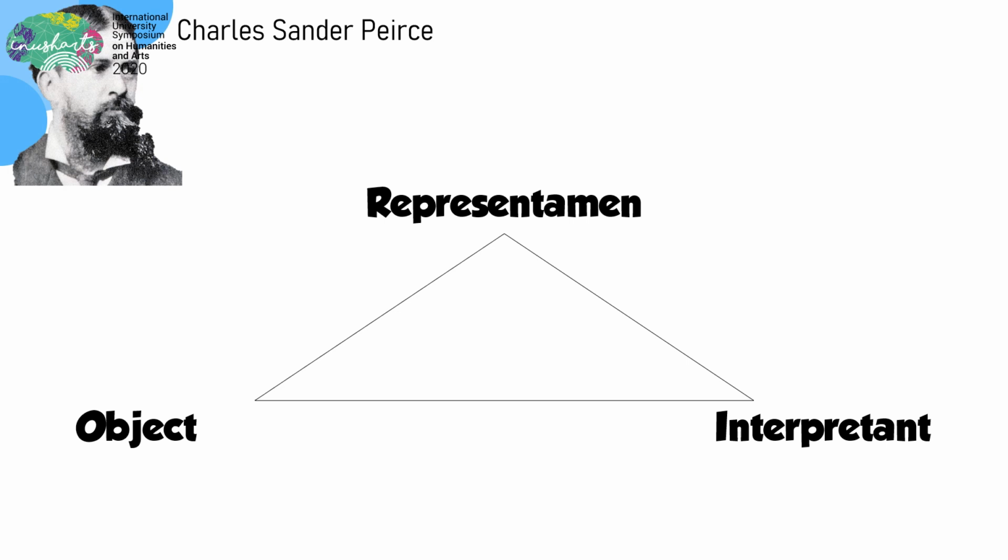For example, we see smoke. The smoke is the representamen. The smoke represents fire. The fire is the object. Lastly, the interpretan is what our mind perceives. The interpretan lets us interpret further.